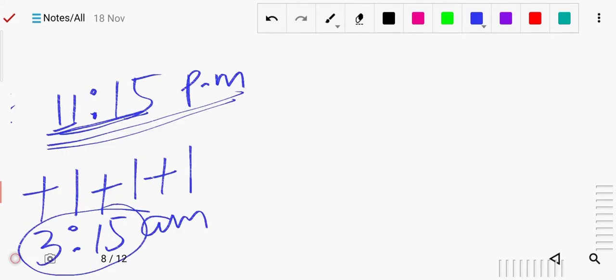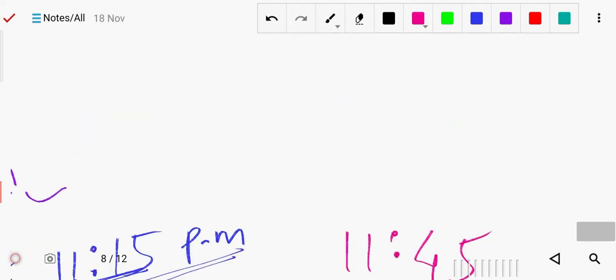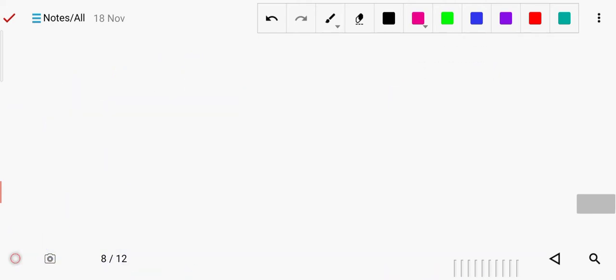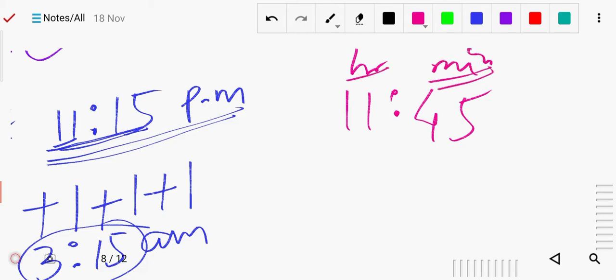Next method what you can do, you can write 11:15 here. This is your hour part, this is your minute. Okay, now 4 hours you have to add. So first of all you add how much, 4.